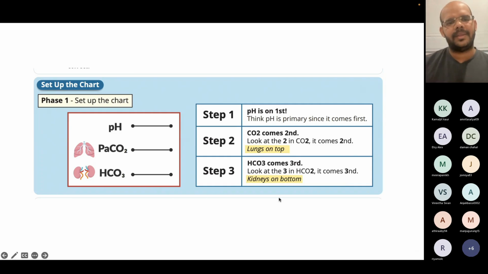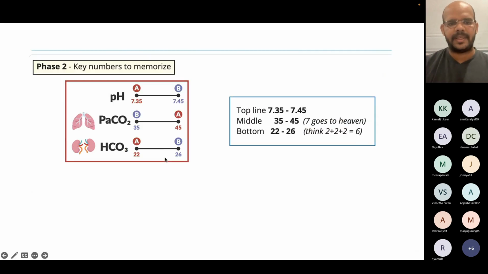Now you will mark this chart. Second thing is you have to mark the chart. Top line is 7.35 to 7.45. That is, pH is 7.35 to 7.45.